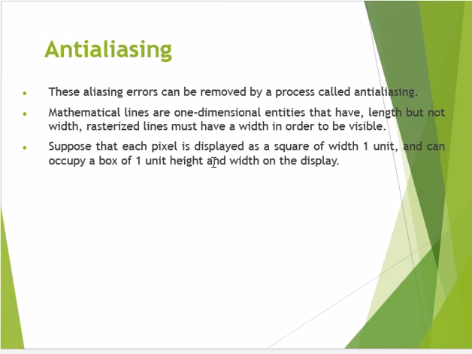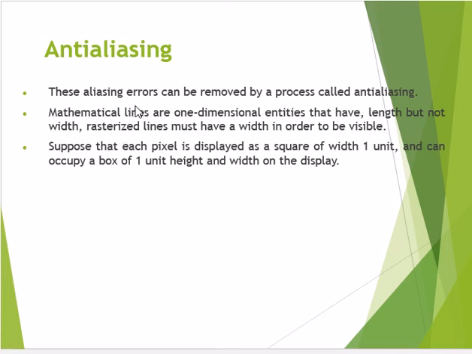Suppose that each pixel is displayed as a square of width 1 unit and can occupy a box of 1 unit height. So in order to remove these aliasing errors, we have to give some width to the rasterized lines.